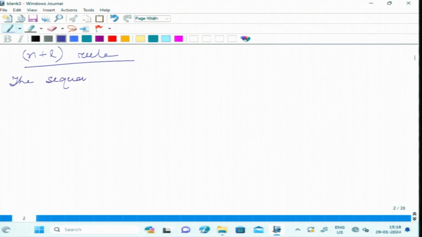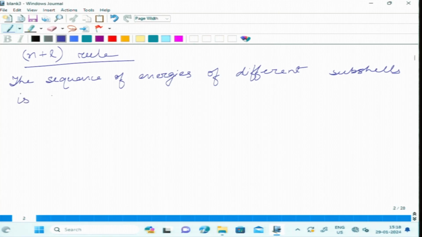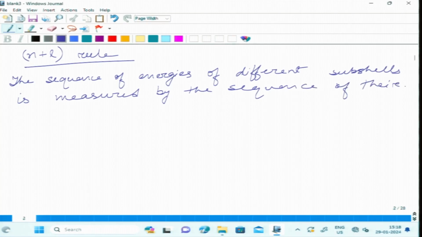It said that the sequence of energies of different subshells is measured by the sequence of their n+L values. Okay.